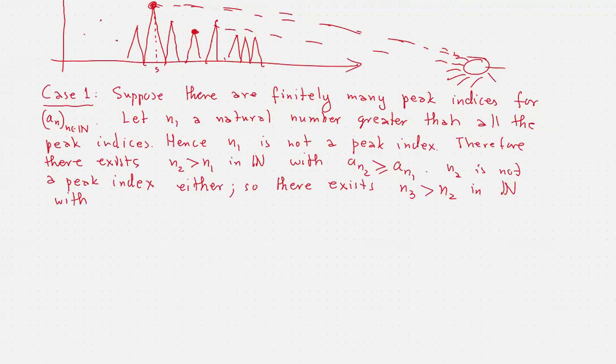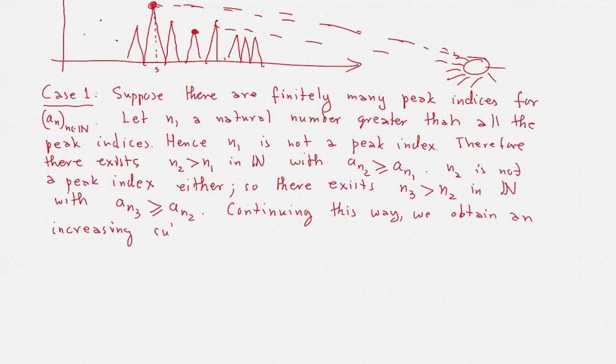Continuing this way, we obtain an increasing subsequence, a_{n_1} less than or equal to a_{n_2} less than or equal to a_{n_3}, and so on. Okay, so we found the monotonic subsequence in this case.